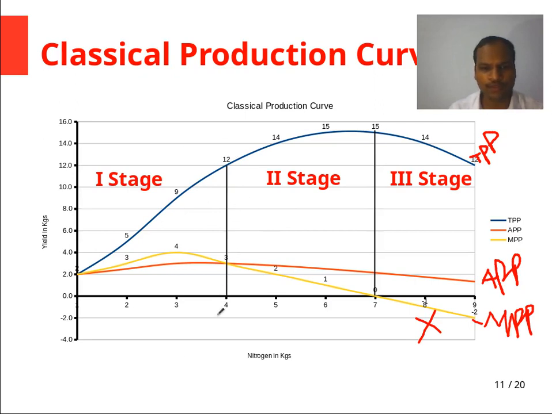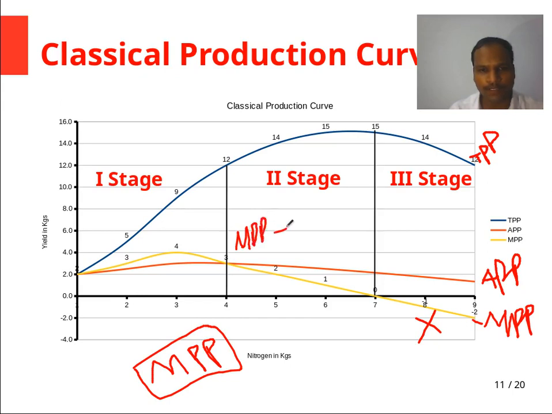So based on the MPP value, we classify this production curve into 3 stages. So the first stage is when MPP equals APP.